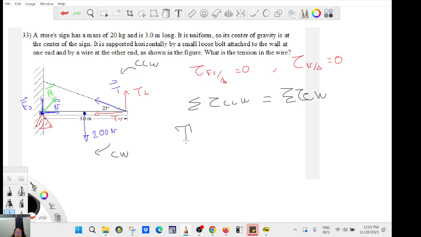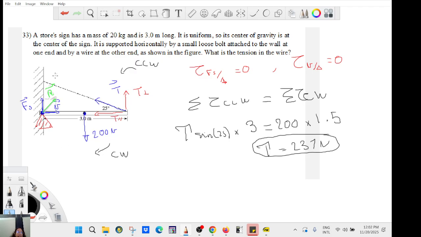So it's going to be T sine 25 times the distance, which is 3, equals clockwise, which will be the 200 times 1.5. So T is 237.